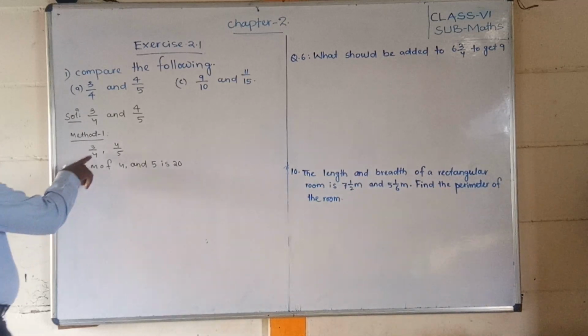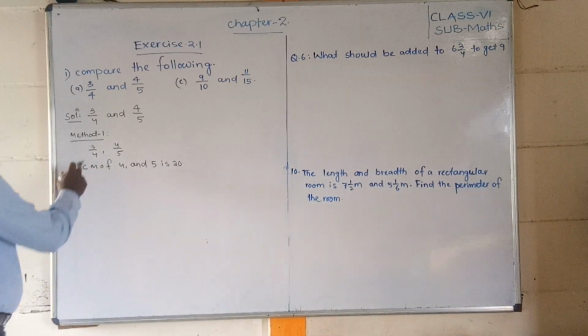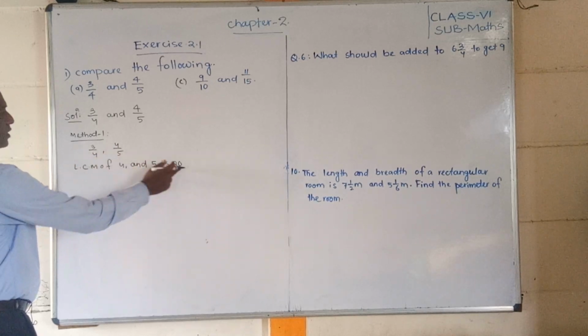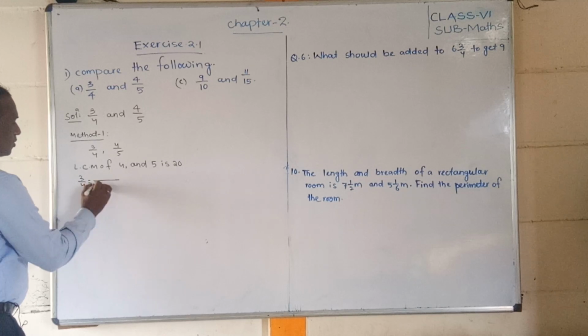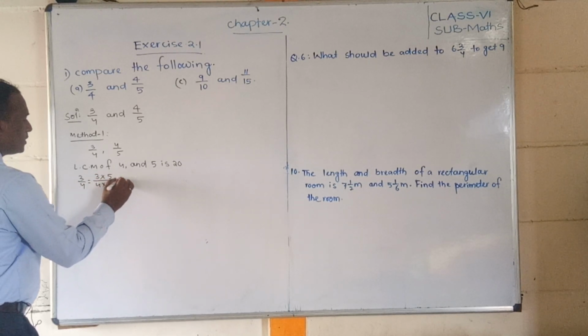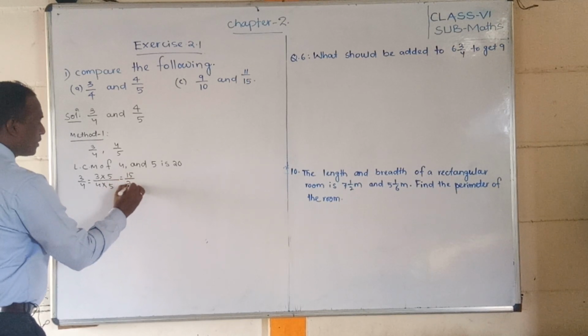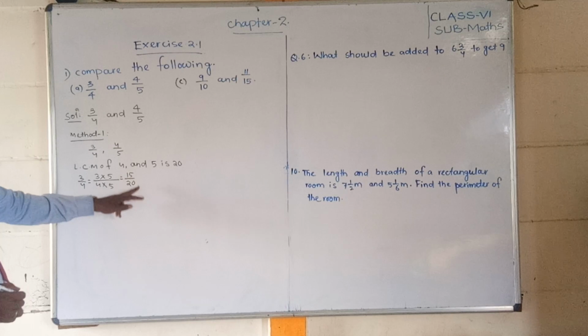The denominators both you have to make the same, that's why we have taken the LCM of 4 and 5, which is equal to 20. So now 3/4 is equal to, 4 into 5 and 3 into 5, is equal to 15/20. Now we got one equivalent fraction, 15/20.